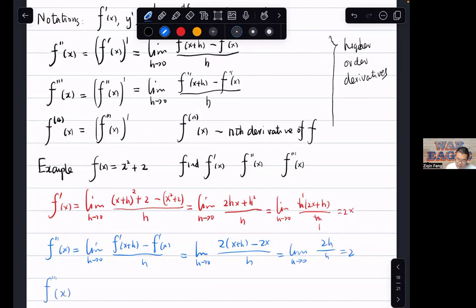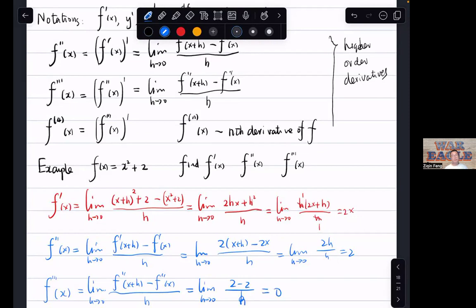This is equal to the limit as h goes to 0 of f double prime of x plus h minus f double prime of x over h. Now you can see that the second derivative is a constant. No matter what the input is, the output is always 2. So this is the limit as h goes to 0 of 2 minus 2 over h. So 0 over h is always 0. So this is 0.